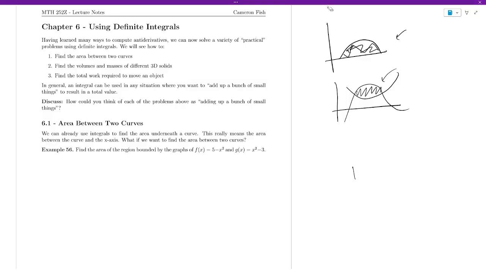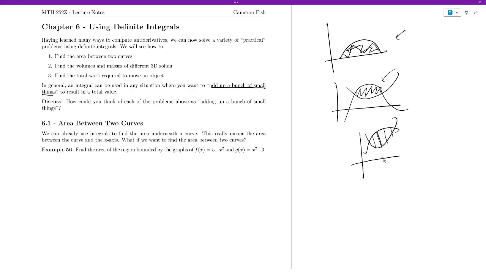Okay, so let's see how this is going to work. The basic idea with this one and with all of them is that whenever you want to add up a bunch of small things to get the total thing, that's when an integral can help you. So for areas, at every x value, I have a vertical slice.